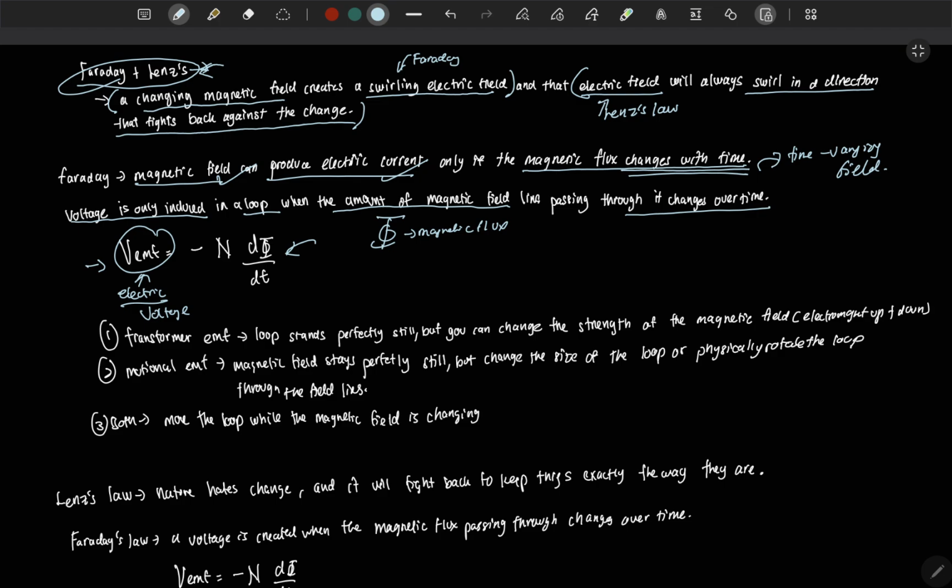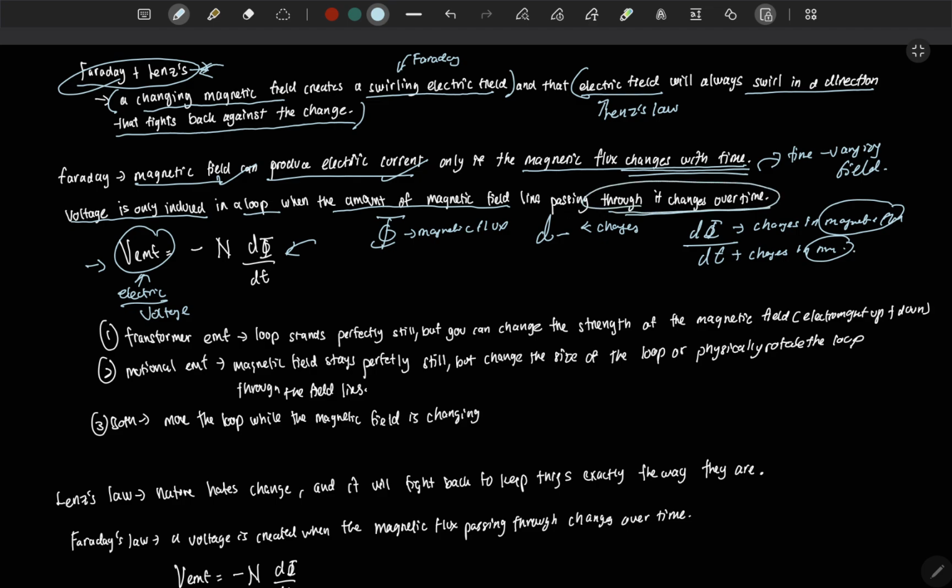This is the symbol for magnetic flux, and a d over anything means it changes. The differentiation means it changes. So d flux means the change in magnetic flux. What does dt mean? Change in time. So the change of magnetic flux over the change in time.